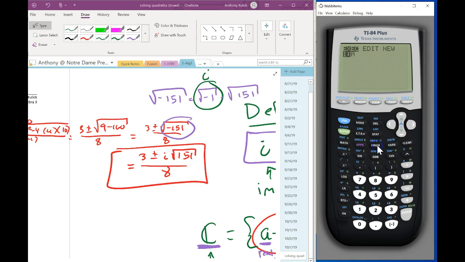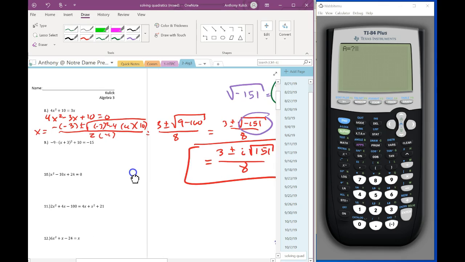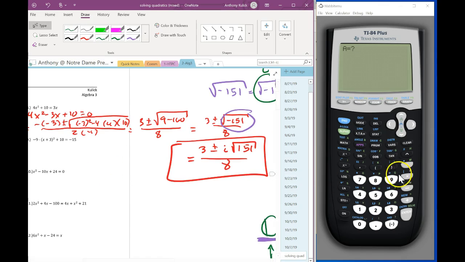And what I'm going to do is I'm going to rerun my program and enter in the values for this polynomial, which was 4, negative 3, and 10. So I'm getting 0.375 plus 1.53 and so on i, and then 0.375 minus 1.53 and so on i.